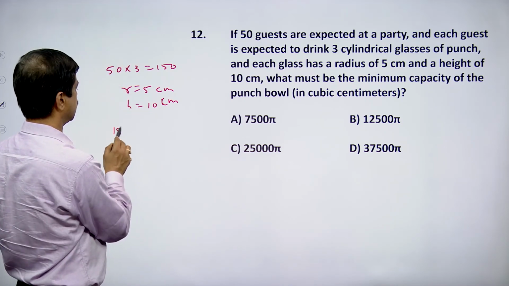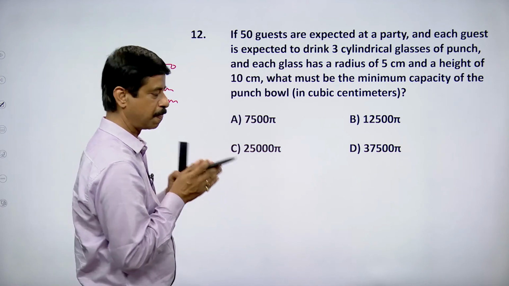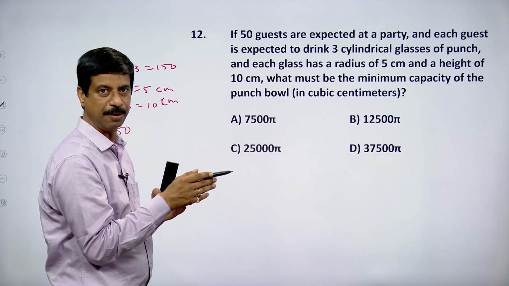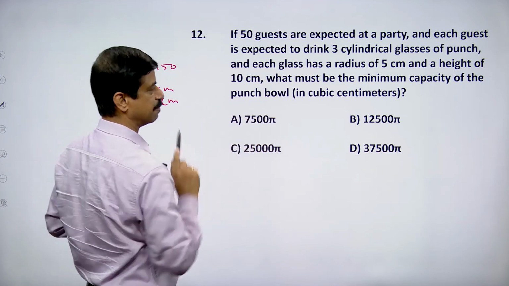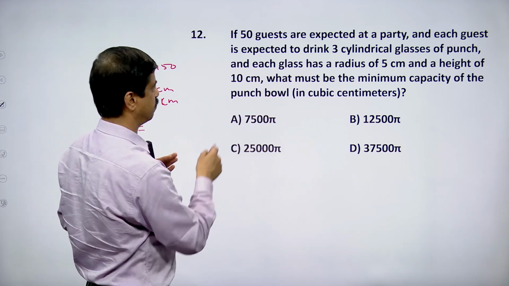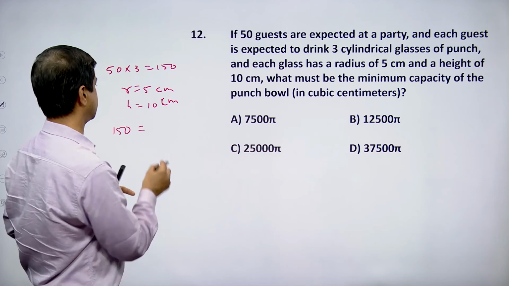So, 150 punches should be stored. So it should fill each of the 150 glasses. He said minimum capacity, so there should be volume of the bigger bowl. So radius is 5 and height is this.